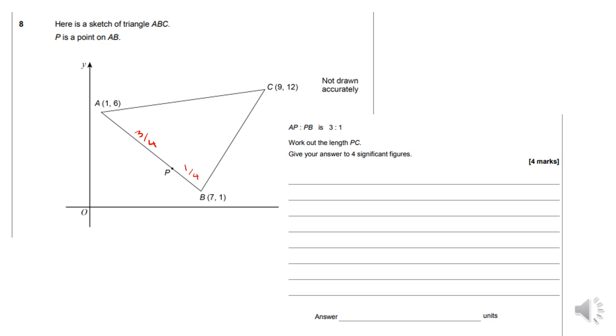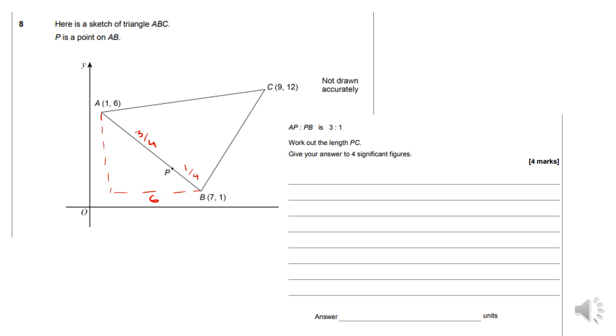The reason I'm interested in this line AB first, though, is because I think we can figure out the coordinates of P. I'm going to draw some perpendicular lines here and think about the distances between A and B. Along the x-axis, it goes from 1 to 7, so the horizontal movement is 6.